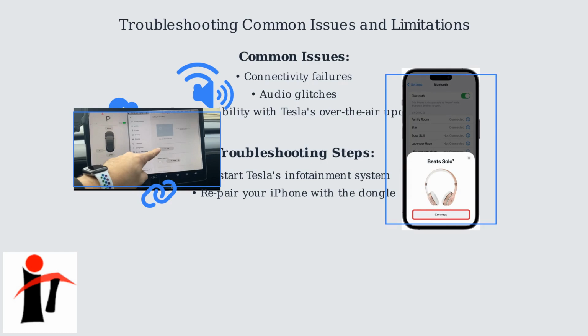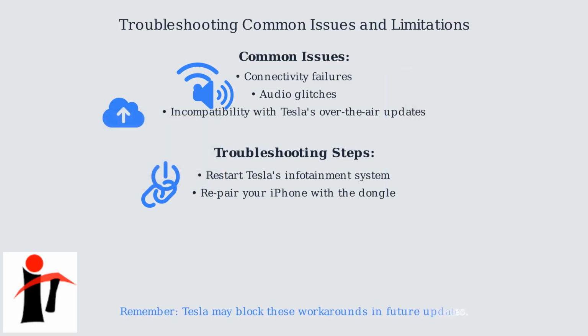Alternatively, re-pair your iPhone with the dongle through Bluetooth settings to refresh the connection. Keep in mind that Tesla actively blocks these workarounds through software updates, so what works today might not work after the next over-the-air update. Always check Tesla's release notes for compatibility changes.